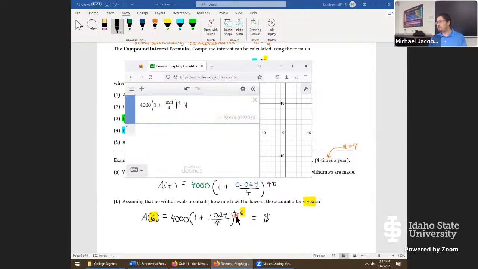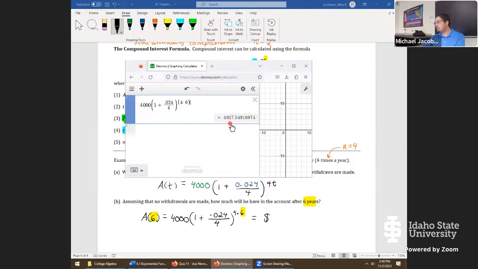Desmos is weird. If I go 4 times 6, it puts the 6 in the wrong spot. So if you really want to get it in there, you need 4 times 6 with parentheses, and same with your TI-30X IIS calculator. Make sure you have parentheses there, or if you just put 24, that's a little bit more safety, I'd say.